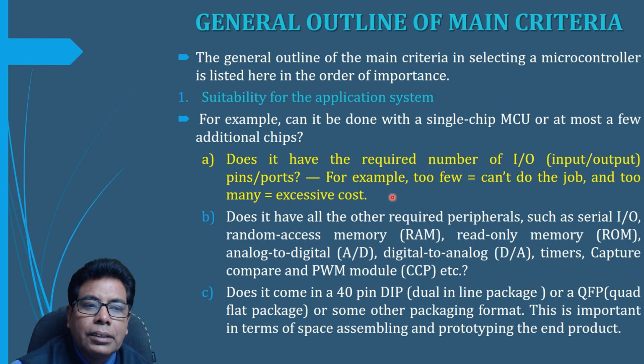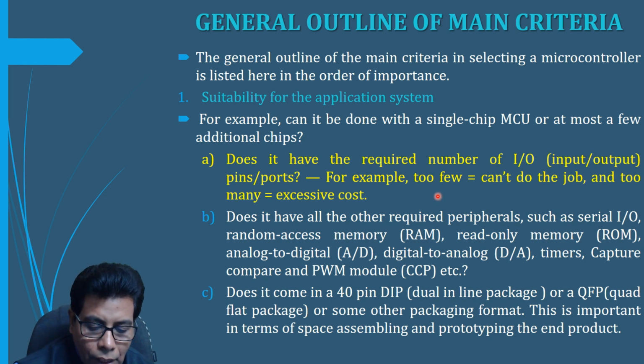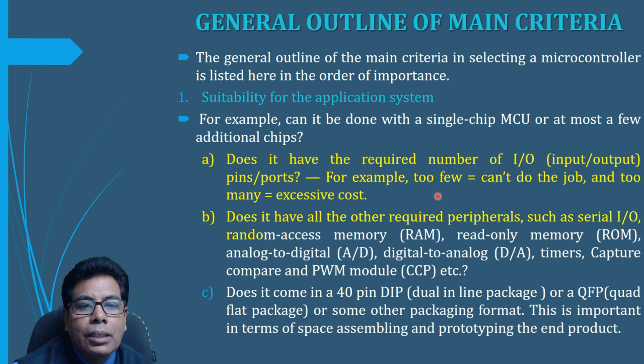So we have to consider the optimized way. The decision has to be taken so that it is in between these two. Then does it have all other required peripherals? There are certain peripherals required for the working.